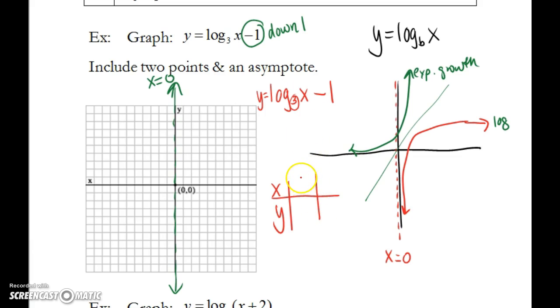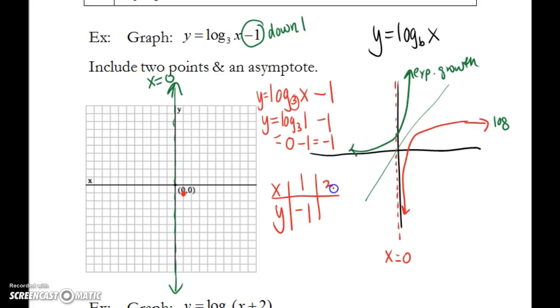For example, let's pick x equals 1. If we pick x equals 1, we have log base 3 of 1 minus 1. We do the log before we do the subtraction of the 1. So log base 3 of 1 is 0 because 3 to the 0 power is 1, minus 1. And that makes negative 1. So (1, -1) is a point on our graph.